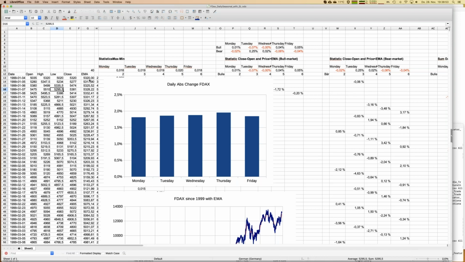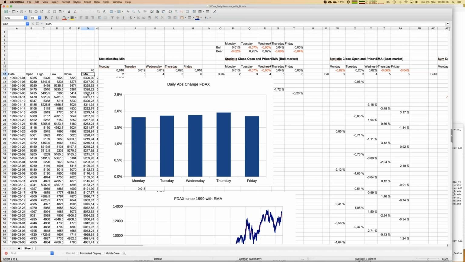And then what I use is the following. You see, I have an EMA with my analysis. I mentioned already that we will have to distinguish between bull and bear market. And now I need a definition. That's not easy because it should be mathematical.